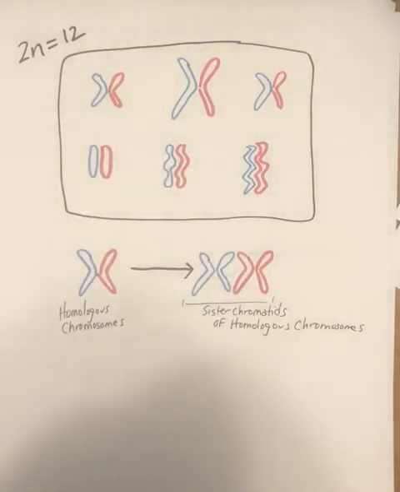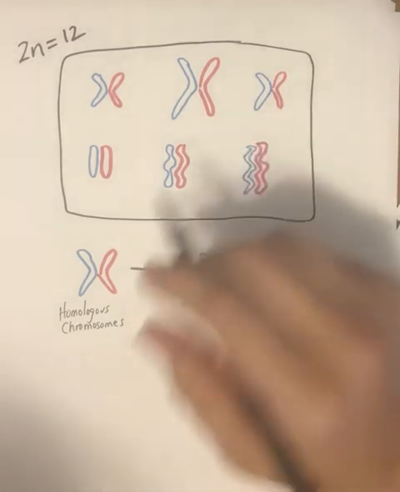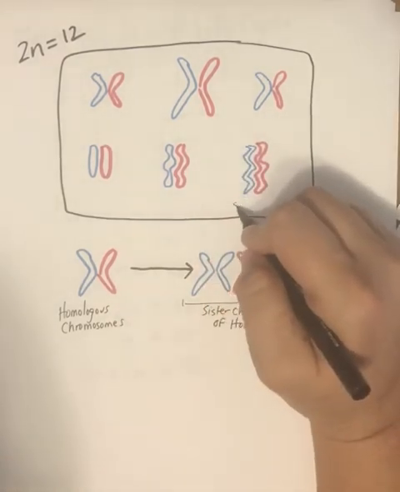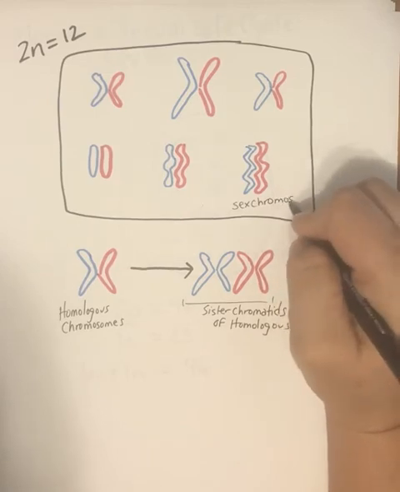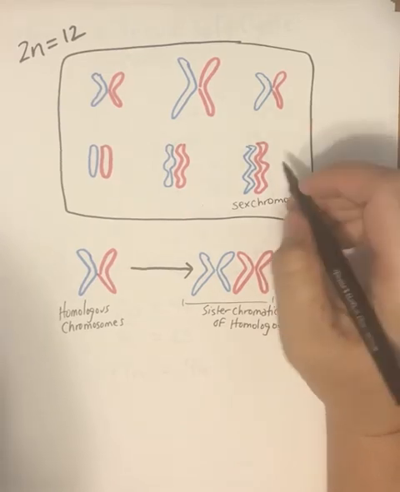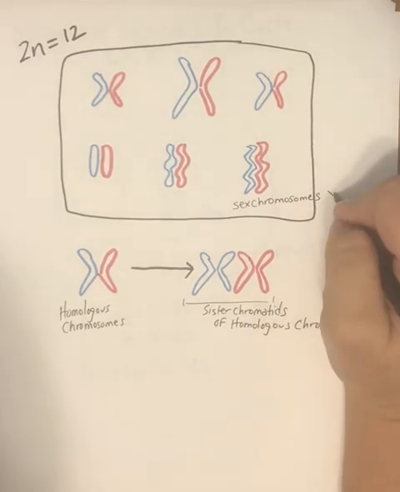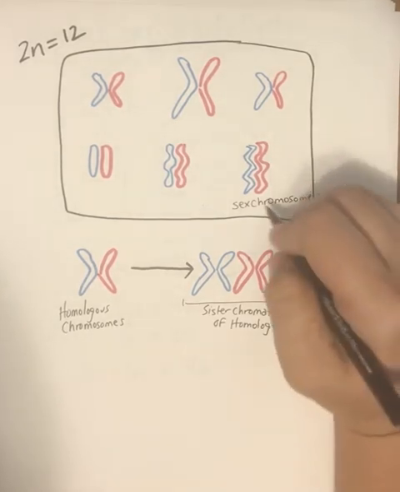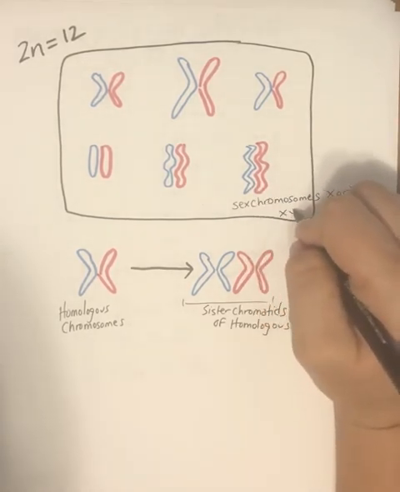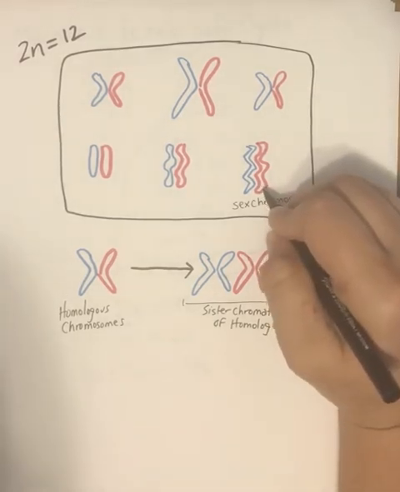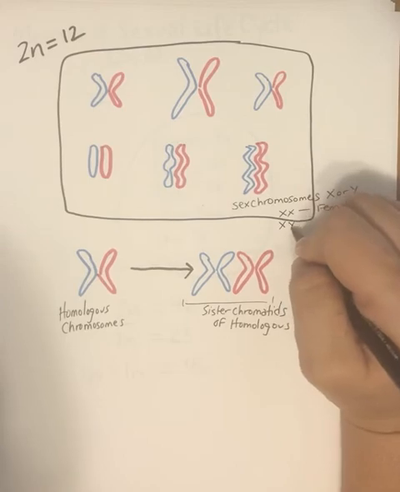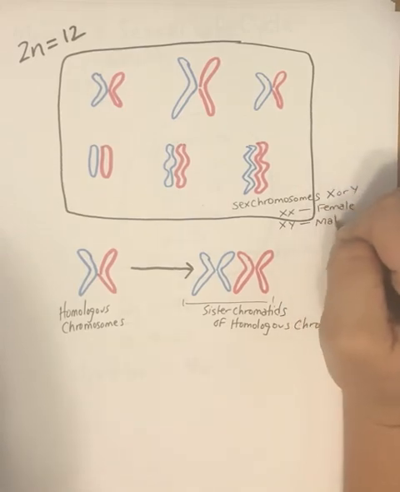Now, I do want to pay particular attention to this last set of chromosomes. Your last set of chromosomes in most mammals are going to be called sex chromosomes. Your sex chromosomes are going to determine your sex. Sex chromosomes are X or Y, and if this is XX, you are considered to be female, and if your sex chromosomes are XY, then you are considered to be male.